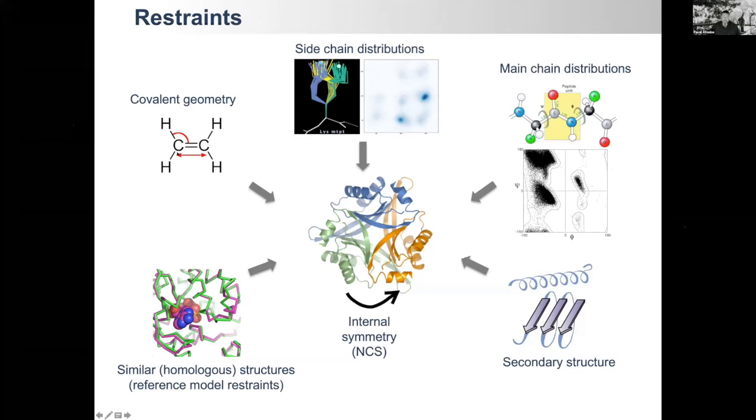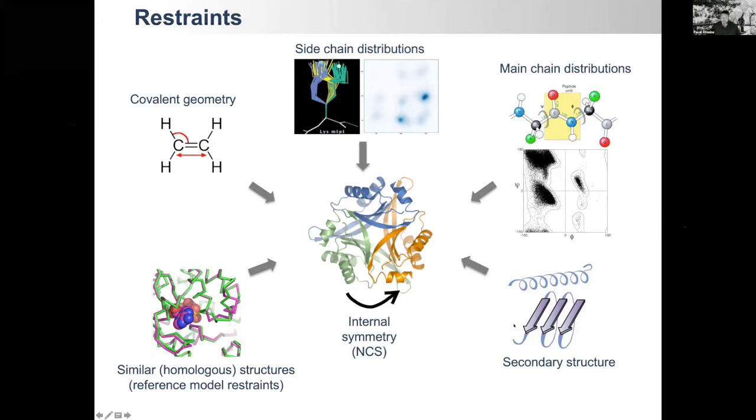But there are some extra restraints that are important if you refine against low resolution data, such as restraints on side chain distributions, rotamer restraints. We know about Ramachandran plots, and that's a very strong source of information that can be used for validation, but can also help refinement.